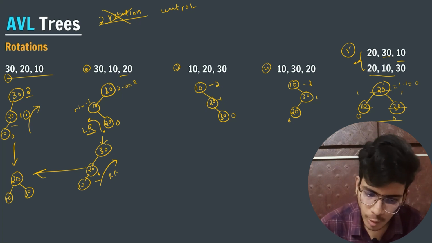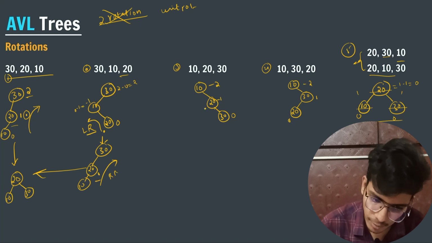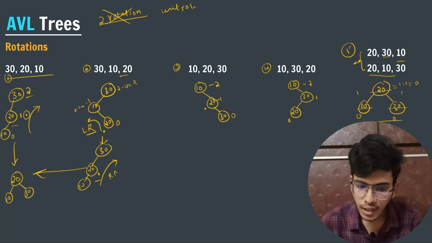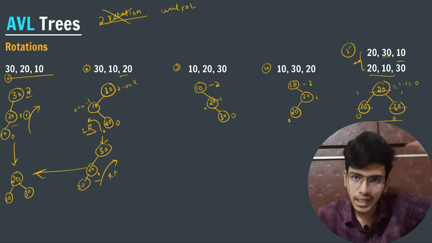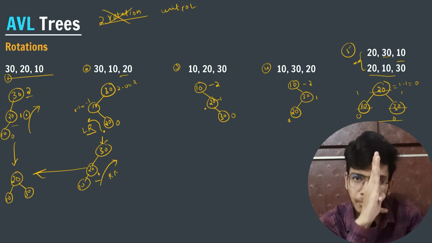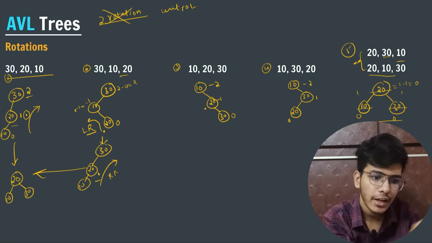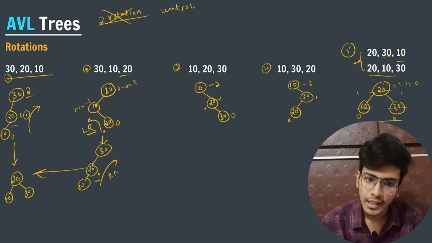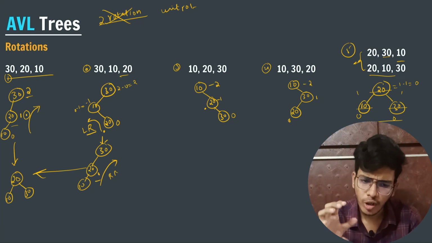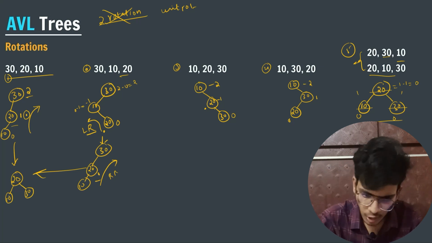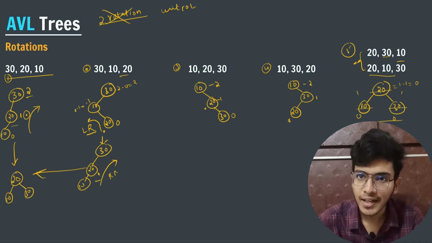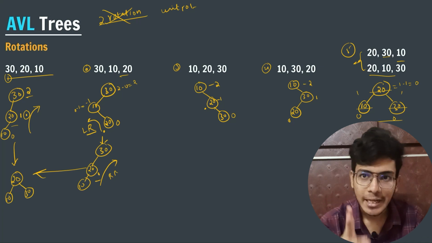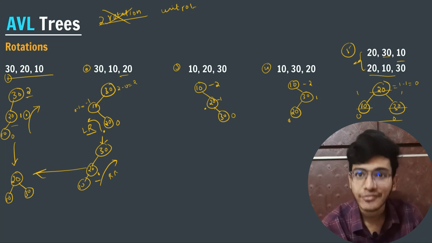Now let us talk about this structure. Here I will again make 20 my pivot point, and if I perform a left rotation, 20 will become my root node, with 10 on the left and 30 on the right. And if you observe logically, for this third structure, if I perform a right rotation, 20 will come on the root side, but 30 will come on the left side.